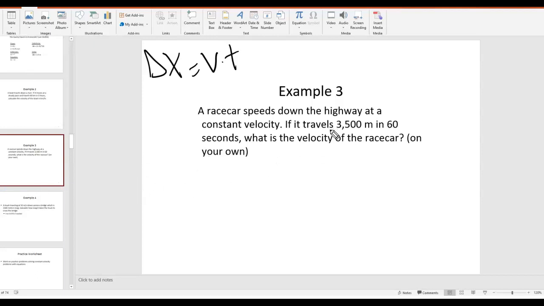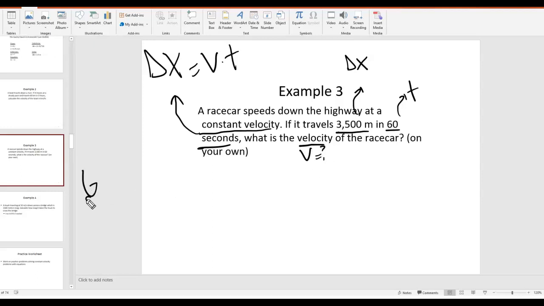Let's find out. We know it's constant velocity, so that tells me, hey, I'm using this equation. 3,500 meters, based off of the unit, I know that's delta x, that's displacement, because that's how far the race car traveled. 60 seconds is going to be time. And then my unknown is going to be velocity.